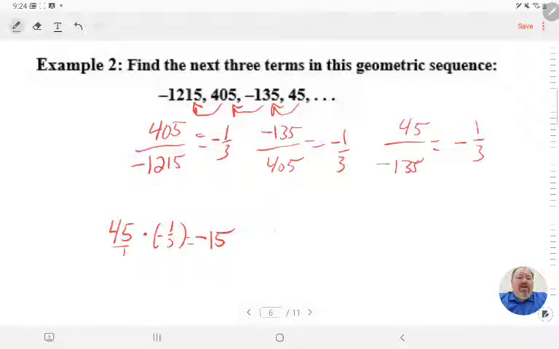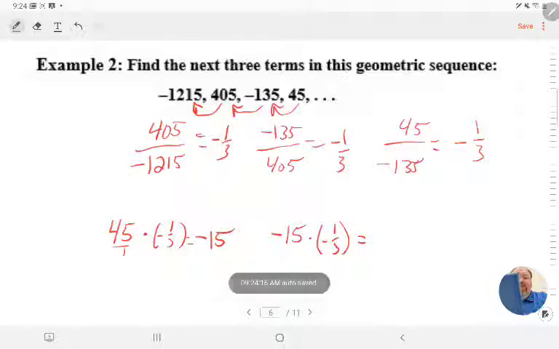And then if I take that negative 15 and multiply it times negative 1/3, that's going to give me negative 15 over negative 3, which would be a positive 5.